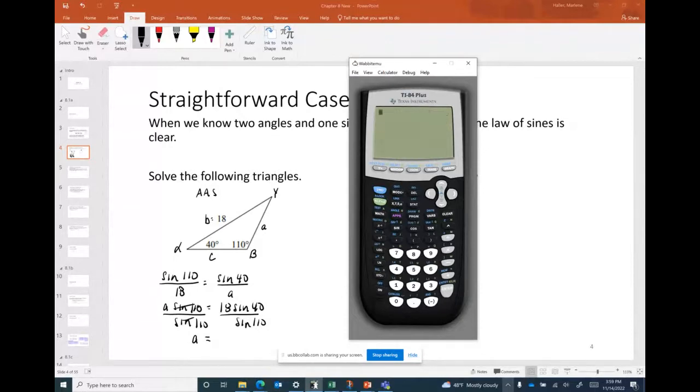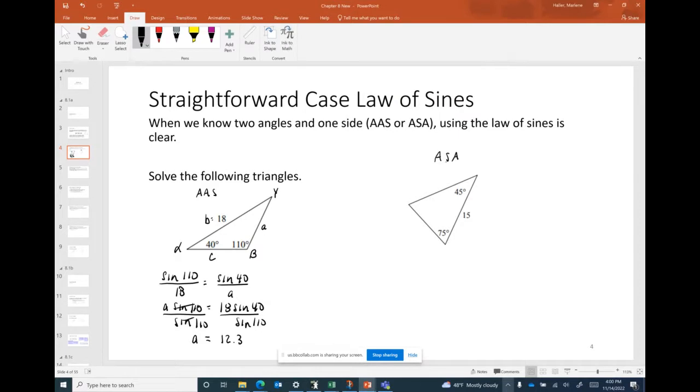These are degrees. I better check my mode, make sure I'm in degree mode. I am in degree mode. That's good. So then A is equal to 18 times the sine of 40 divided by the sine of 110, and that value is approximately 12.3. So there's side A, 12.3.